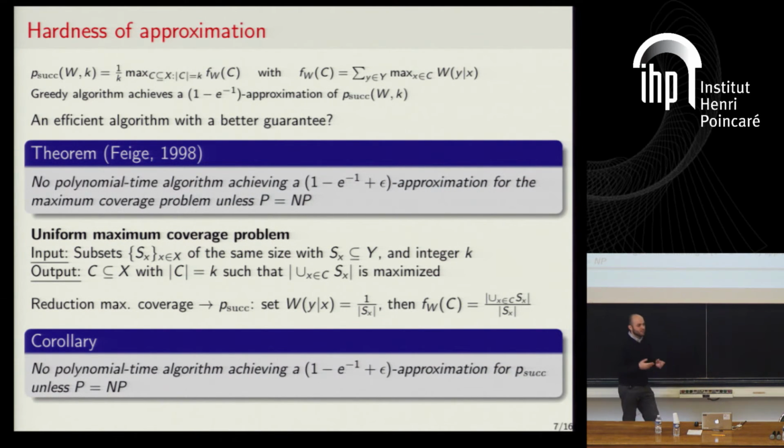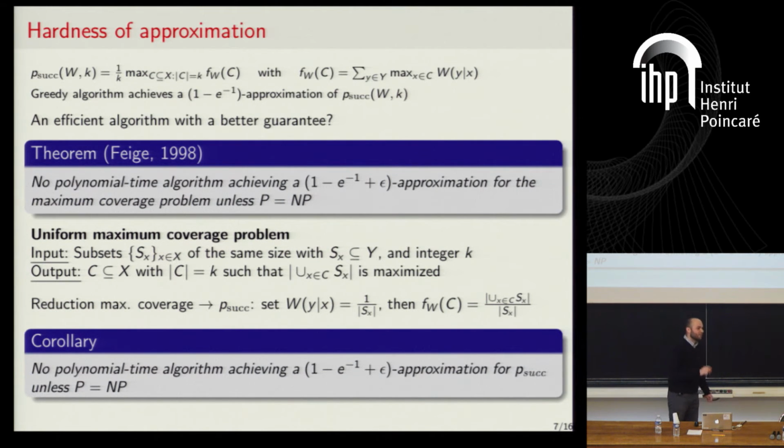And then it's easy to see that this function, f_W of C, which we're trying to optimize, is exactly, I mean, it's proportional to the size of the union of the subsets S_x. Okay, so basically the uniform maximum coverage problem and this P success problem are exactly the same up to a multiplicative factor.